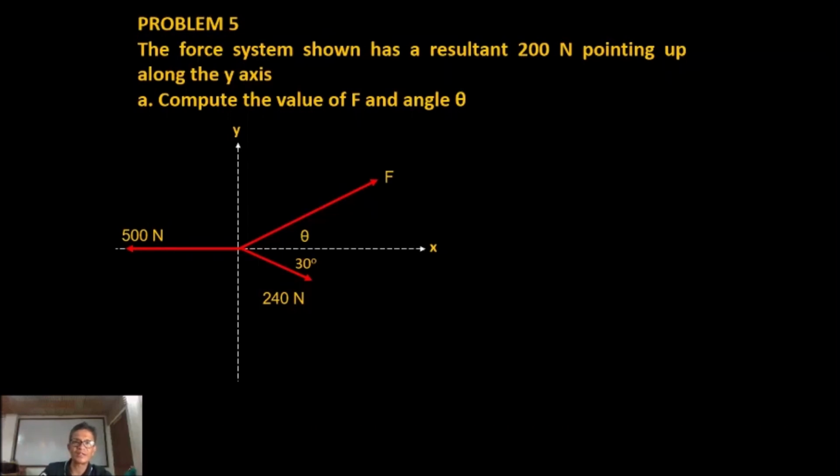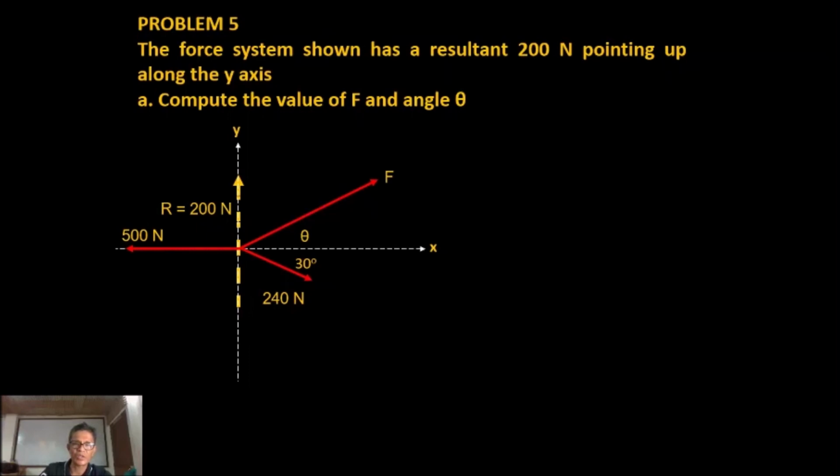So now, what is given here is that the resultant is 200 Newtons pointing up along the y-axis. So now, you can see the resultant. That is actually the resultant R equal to 200 Newtons, and that is simply equal to Ry. Now, what happened to Rx? It means that Rx is equal to 0. Okay?